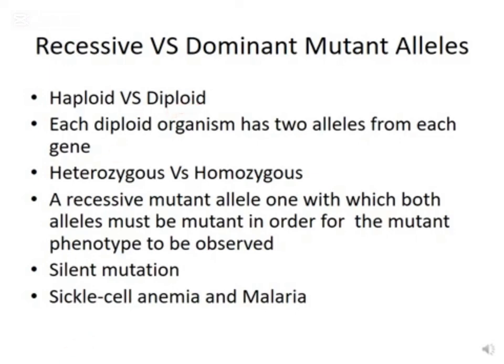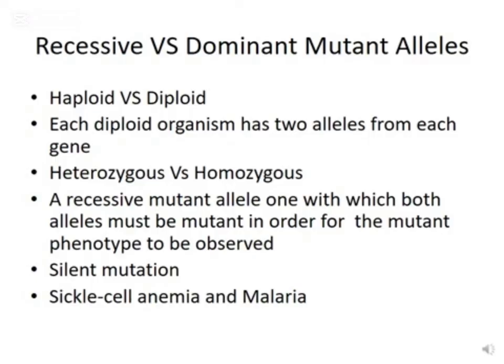So for example, let's say we have the gene for hair color, and the dominant is black, while the recessive is blonde.